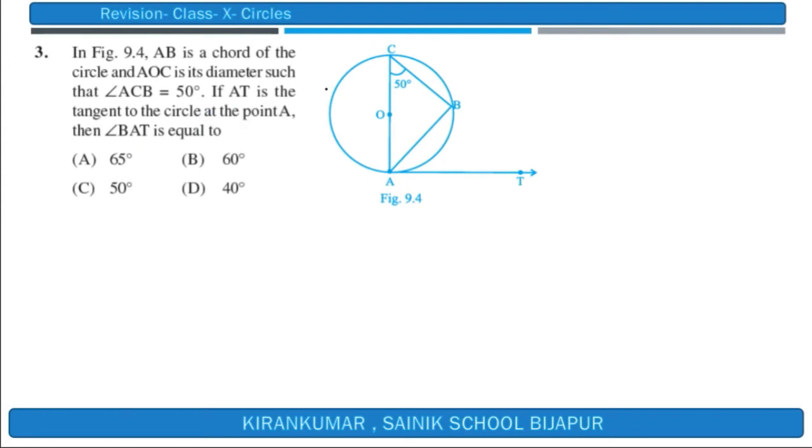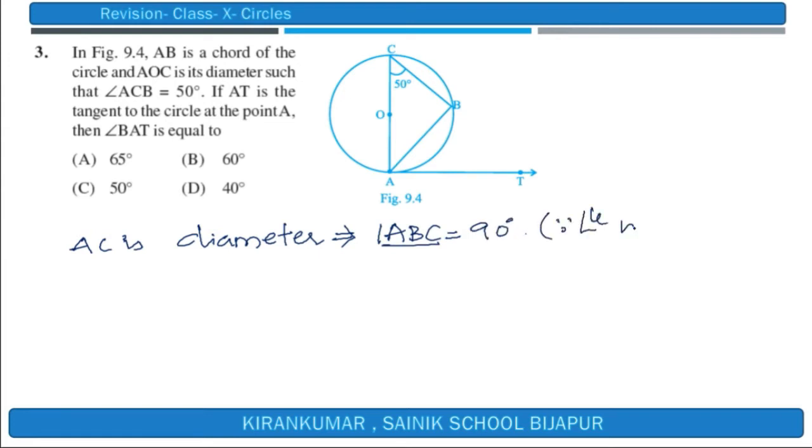Observe the figure carefully. AC is the diameter. Therefore, it subtends angle ABC at the circumference, which makes 90 degrees, because it is the angle in a semicircle.